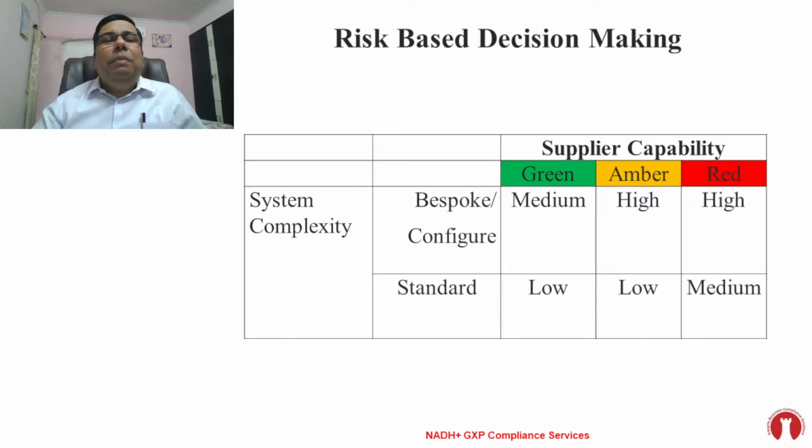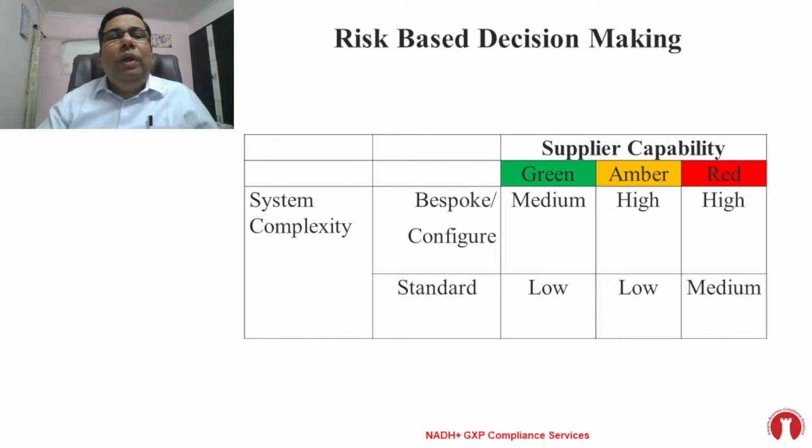So a system may be complex or simple, correct? For example, if the system is a bespoke software or configurable software like category 4 and 5, or the system may be category 3, which is a standard software. So if it is a standard software and the system is simple, then you can see it is low risk and you can go with the postal evaluation.